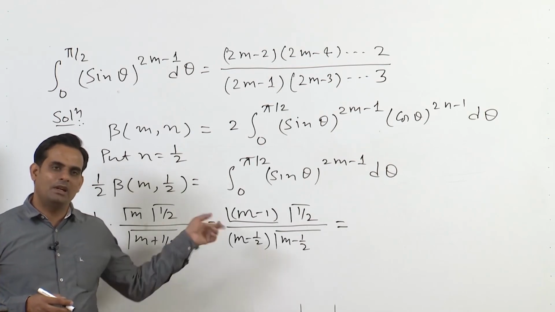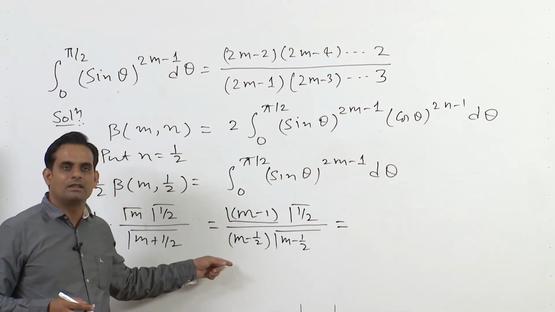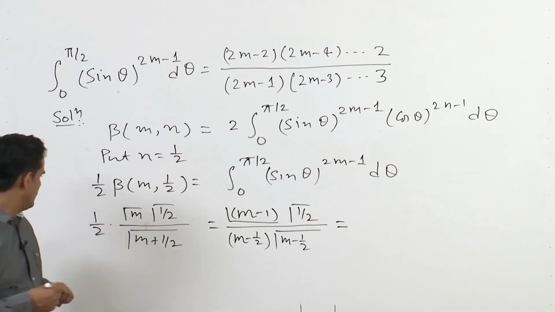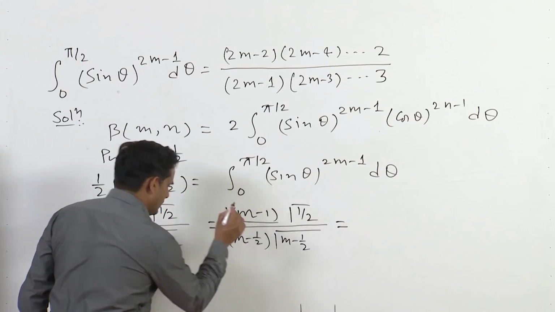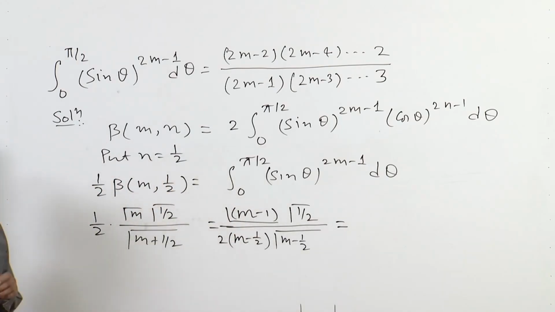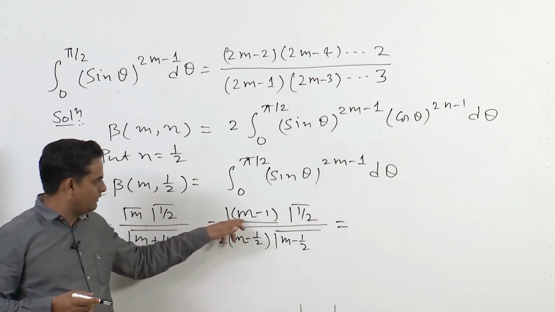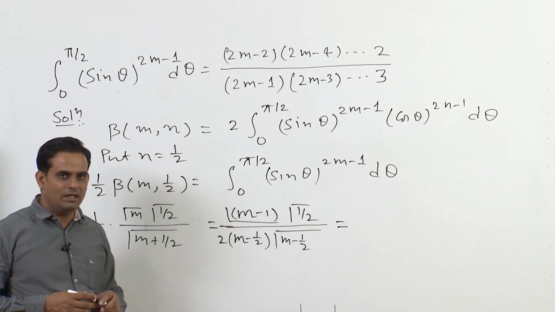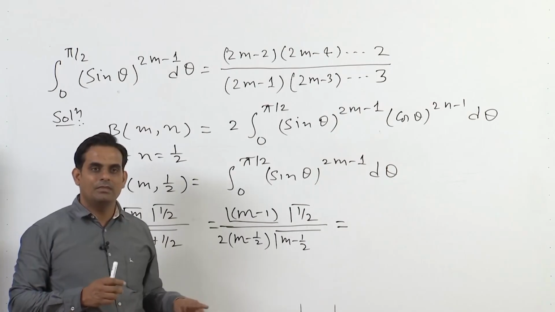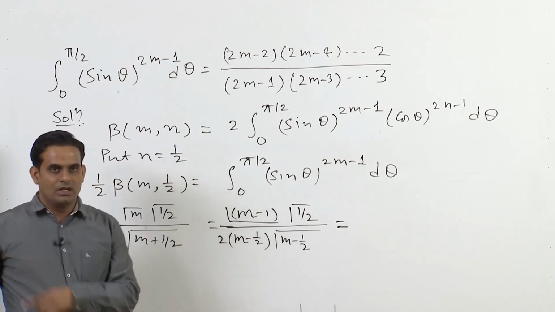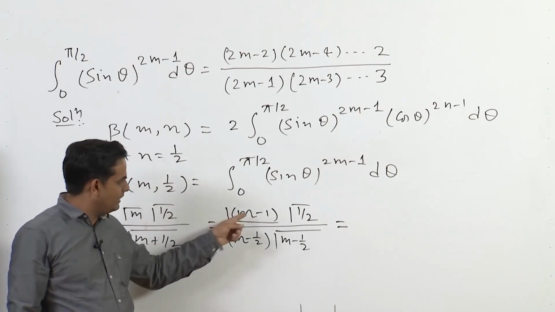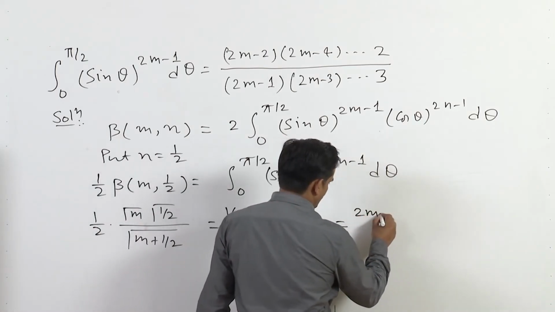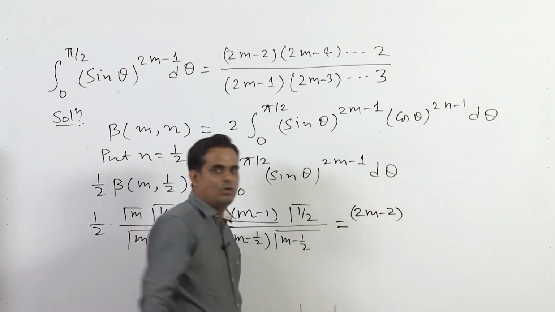Okay. So, I multiply in numerator as well as denominator by 2 raised to power m minus 1. So, 2 raised to power m minus 1 in numerator, 2 raised to power m minus 1 in denominator. So, in each term I am multiplying by 2. So, when I multiply by 2 in m minus 1, it will become 2m minus 2.